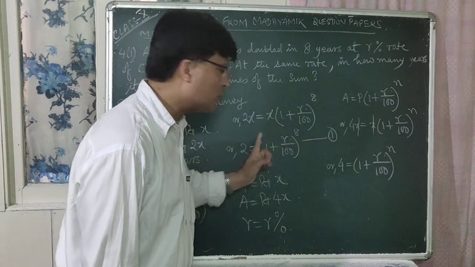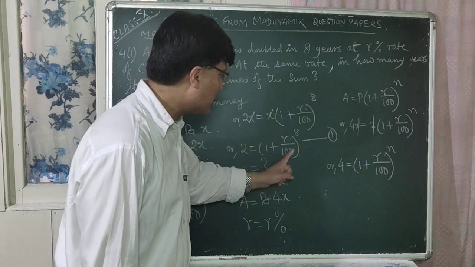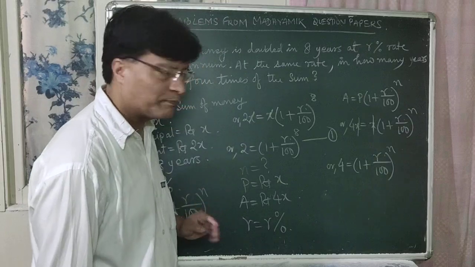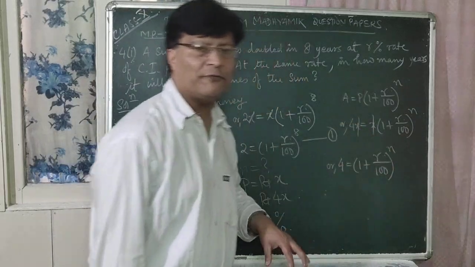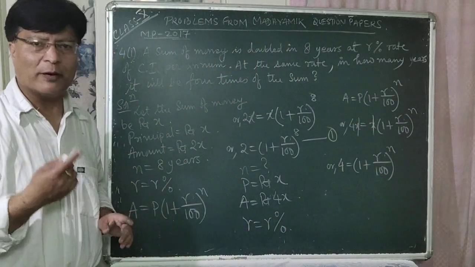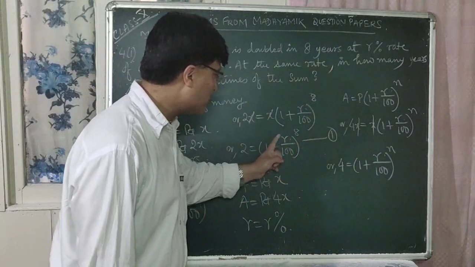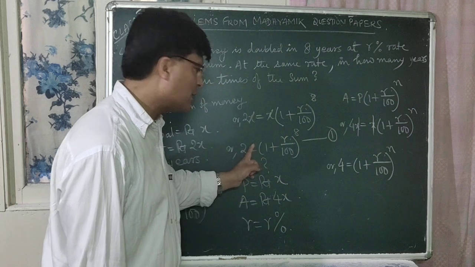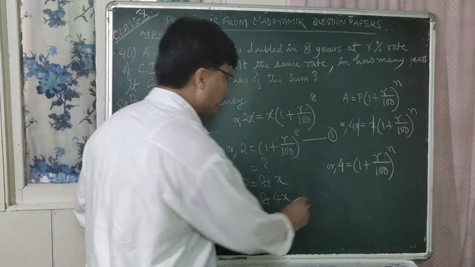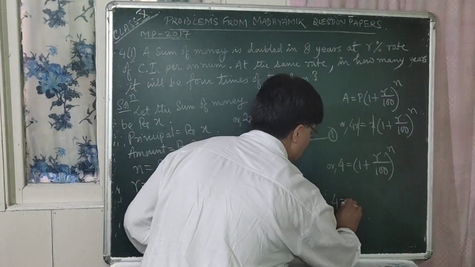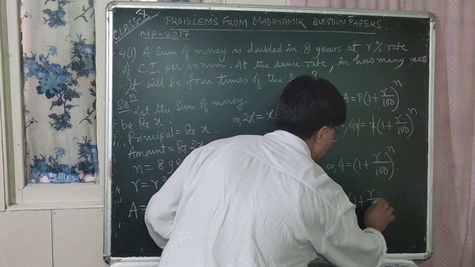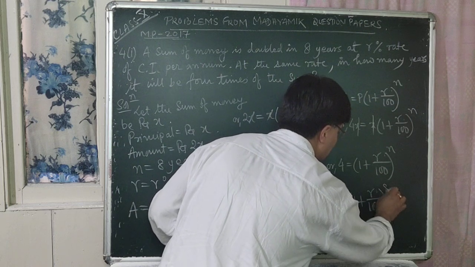Let us write it in the form of 1 plus r upon 100 whole to the power 8. So that from 1 we can write, instead of 1 plus r upon 100 whole to the power 8, we can write 2. Okay? So 4 is equal to 1 plus r upon 100, let us write here 8 into.